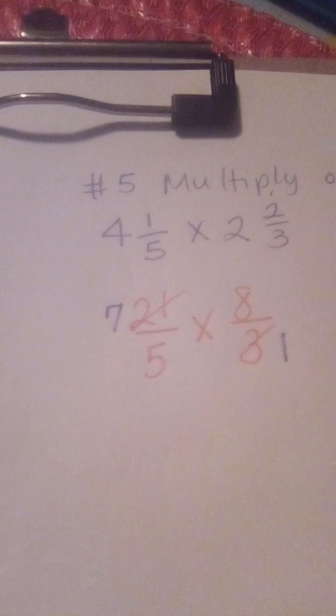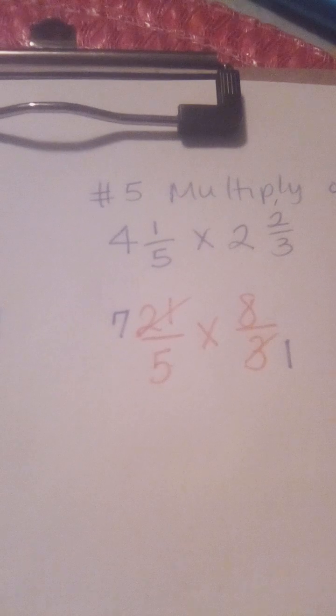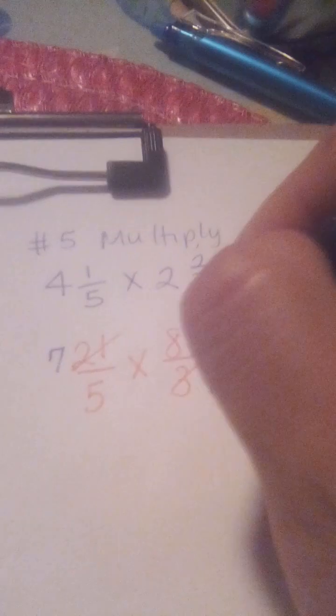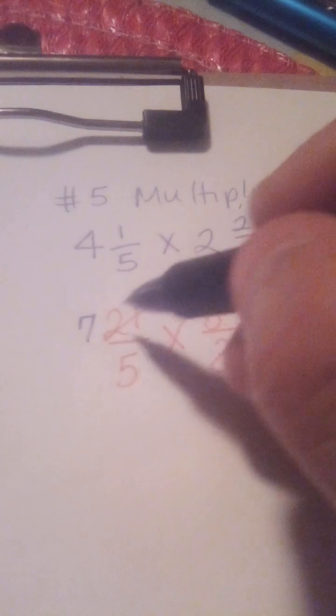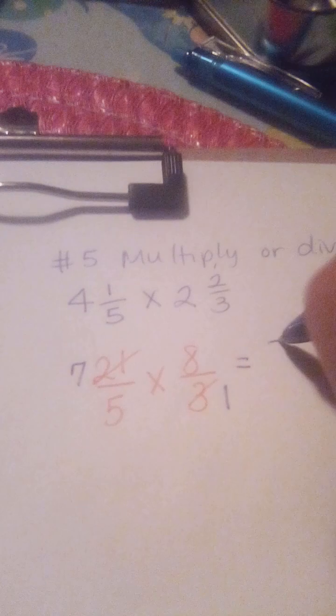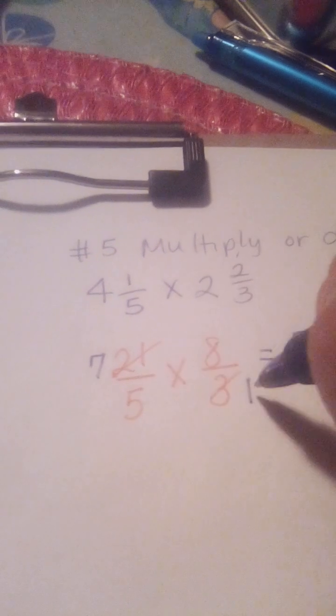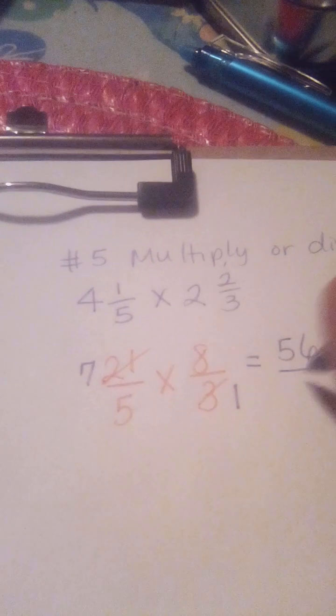And 3 divided by 3 gives us 1. Any more numbers that can be reduced? No. Very good. We will multiply the numerators first. 7 times 8 gives us 56. 5 times 1 gives us 5 as our denominator.